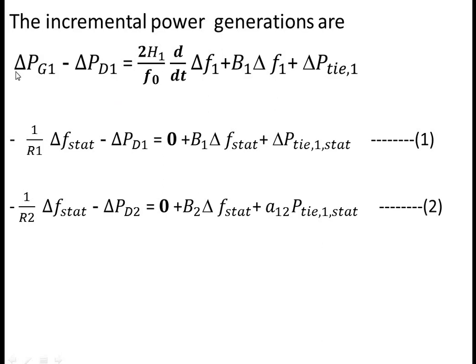Now we are going to replace del Pg1 by its value in terms of speed regulation and frequency. Here we are considering only the power demand as the input. We consider the change in kinetic energy as 0, because we have removed the input coming from the command signal.